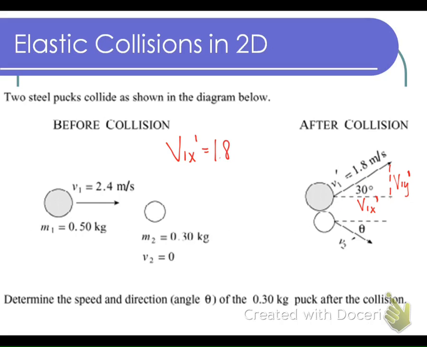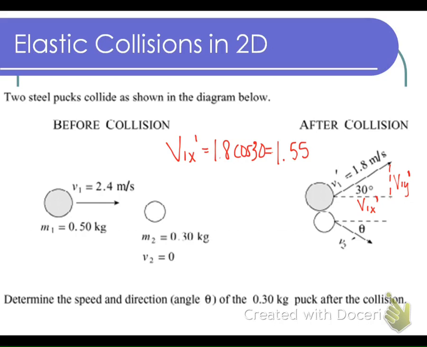So we'll take 1.8 times cosine of 30, and that gives us what? 1.55. Okay, is it going in the positive direction or the negative direction? It's going in the positive direction.